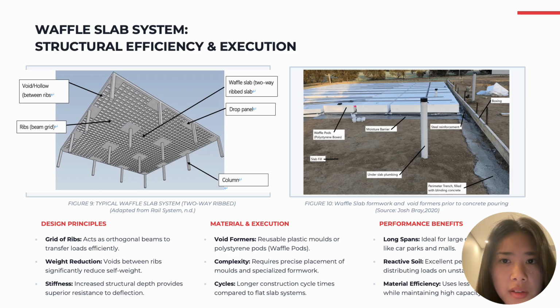This system is suitable for long spans and large open spaces, such as car parks. However, it requires complex formwork and longer construction time, so the waffle slab provides high structural efficiency but with higher construction complexity.